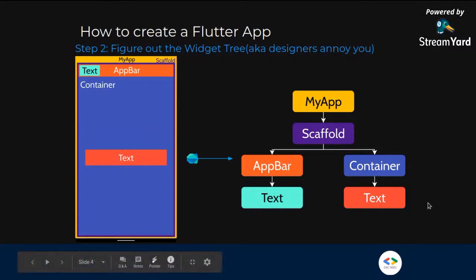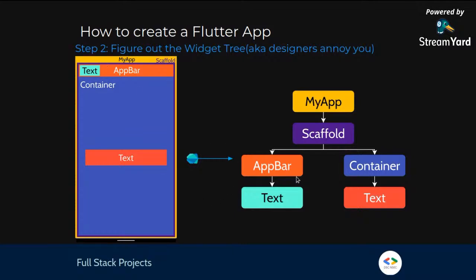Now, the widget tree is a tree-like structure, as I have shown over here, which depicts the parent-child relationship as we build our UIs with widgets. As you can see, we have the text which is enclosed by an app bar, or you can say the app bar contains the text widget.